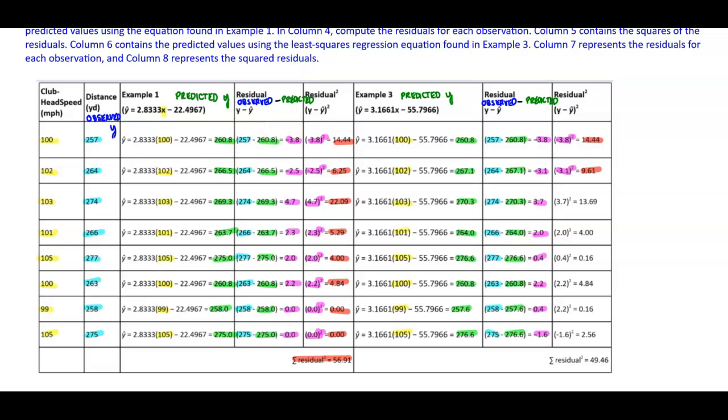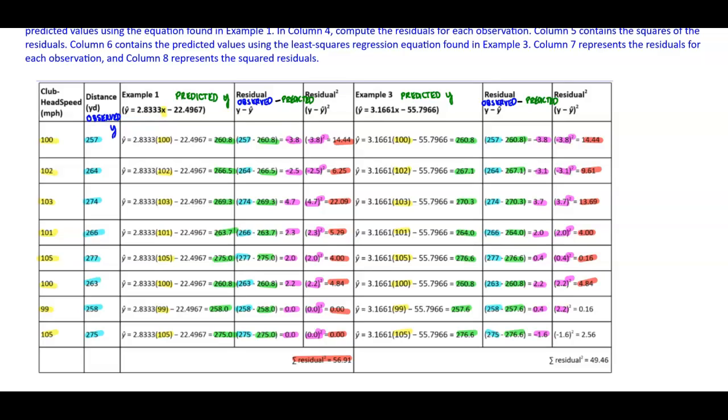The other residual is 3.7 squared to give us 13.69. The residual of 2.0 squared is going to give us 4.0. The residual of 0.4 squared gives us 0.16. The residual of 2.2 squared gives us 4.84.